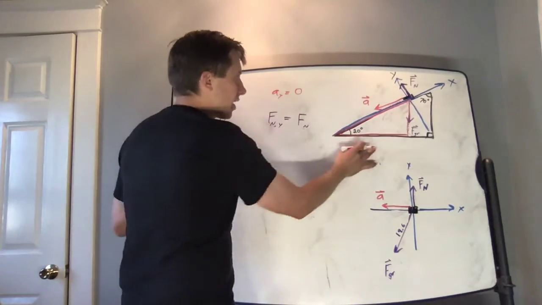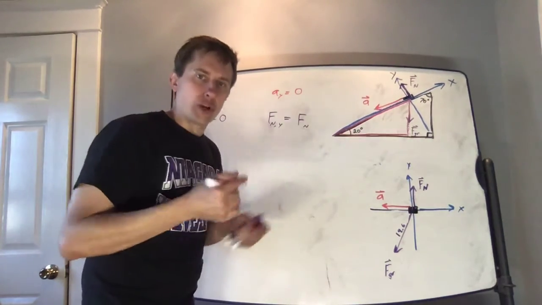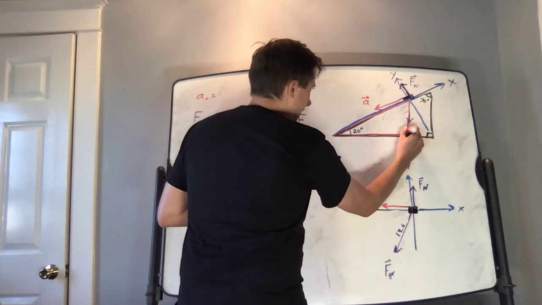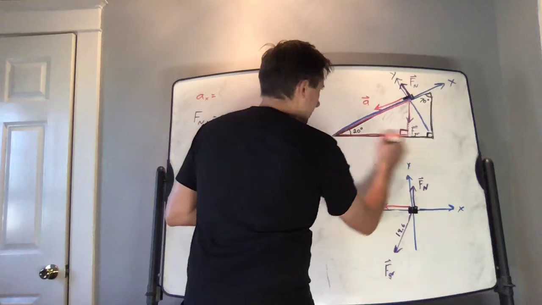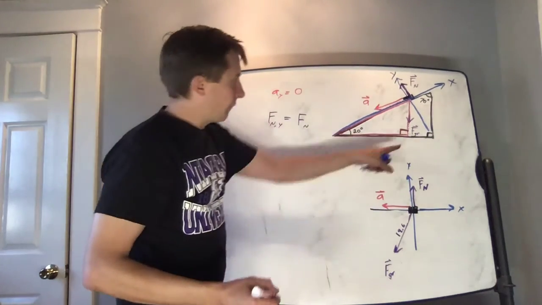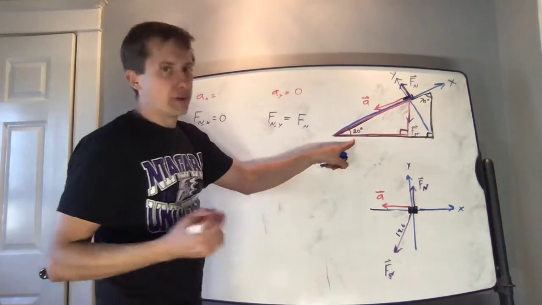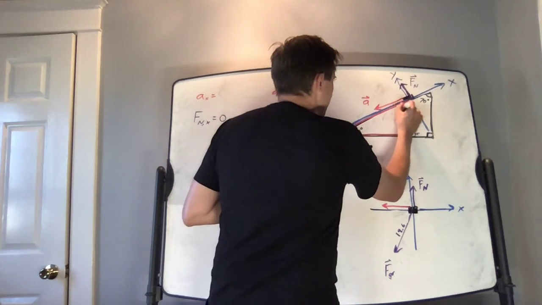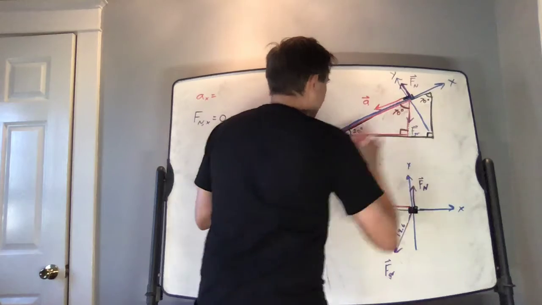And this right triangle is identical to this other right triangle I just drew, where the angle between this vertical line and the base of the ramp is 90 degrees. If I have a 90-degree angle here and a 20-degree angle here, then this angle will be 70 degrees as well.